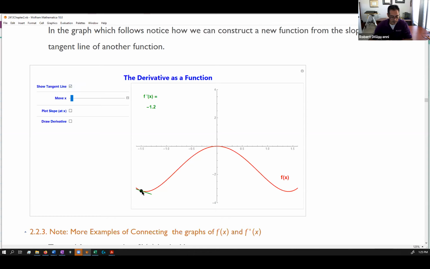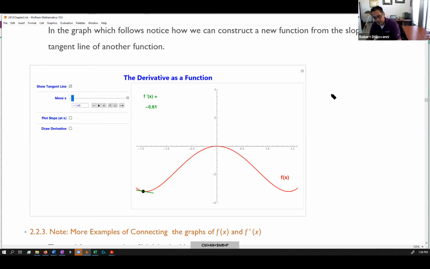The computer is showing me the tangent line, the slope. It's not plotting, it's giving me the value. So do y'all see that that's a small negative number there? The input here is negative 1.46.